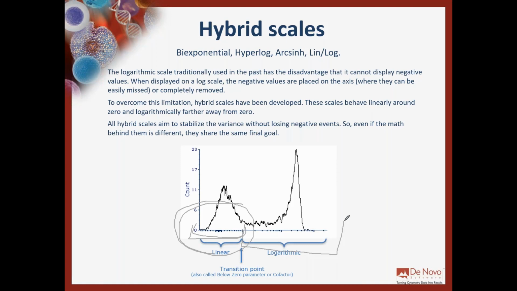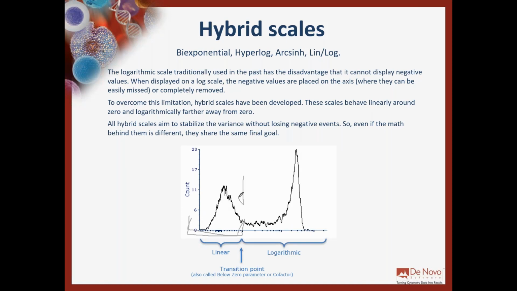For example, biexponential is a mixture of linear and logarithmic. Hyperlog is basically doing the same. Arcsinh is slightly different. Lin-log is really linear and logarithmic. All you need to keep in mind is that it's a mixture of scales: around 0 it's linear, and above this threshold it's something different. Anyway, you're doing something that compresses the positive and still allows you to have a good resolution in the negative peak.